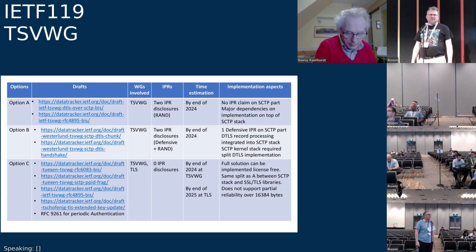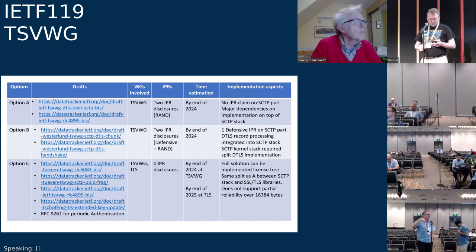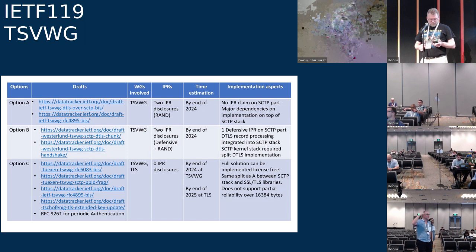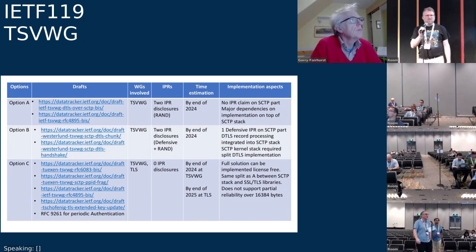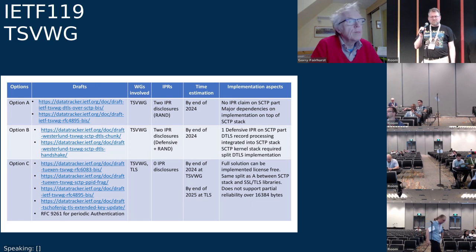B is DTLS in SCTP. But now I think the assumption here is that A is scrapped, and the question really is, is there an appetite to move forward with B and C? I think that makes maybe more sense than the general question. Okay.